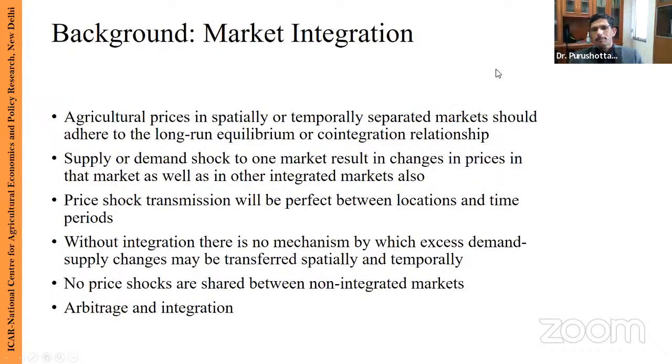Suppose I take an example of two markets for soybean, Indore and Ratlam. The price of soybean today in the Indore market is, for example, 5,000, and the price of soybean in the Ratlam market is 4,200.